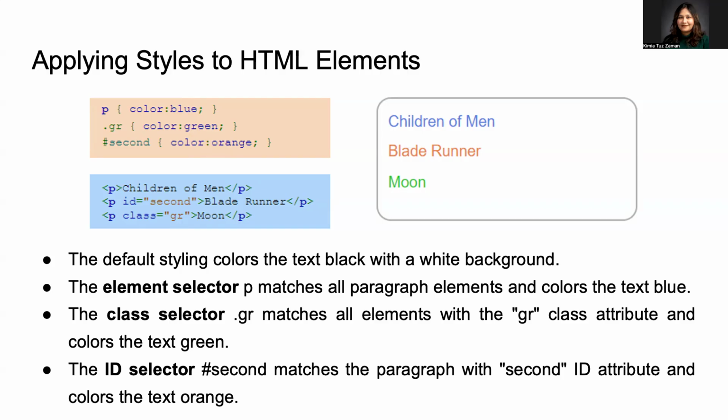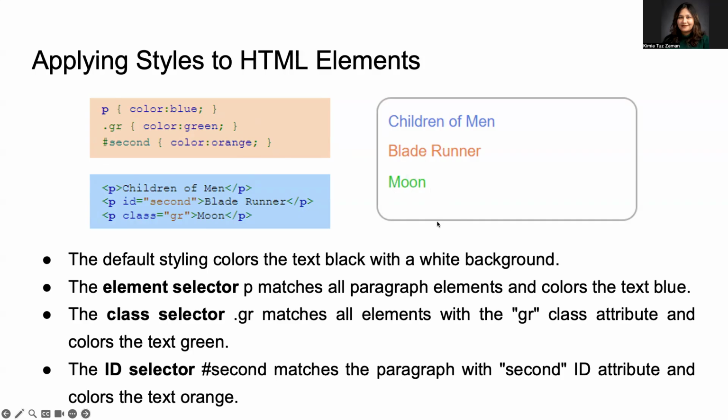But next we have the class selector, .green, color is green. This rule targets any element with the class name green. In the example, the paragraph has class green here, so The Moon is not blue anymore, it turns green.